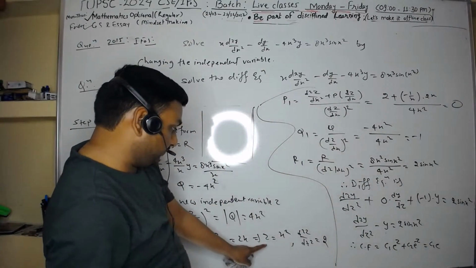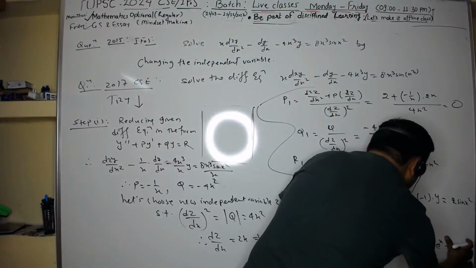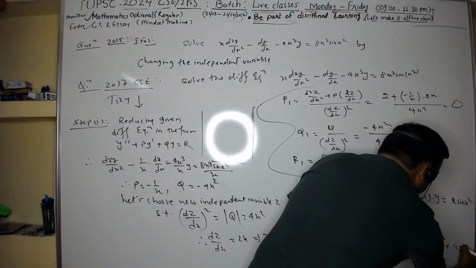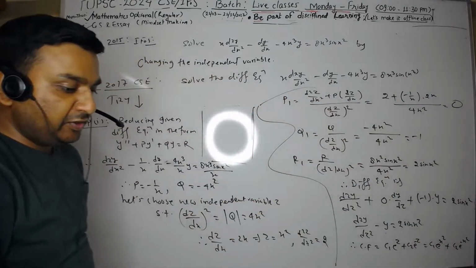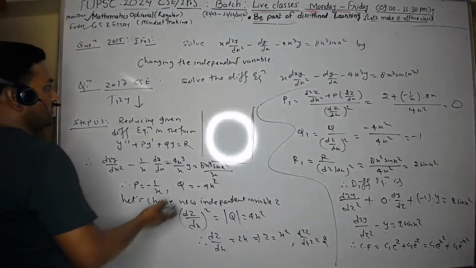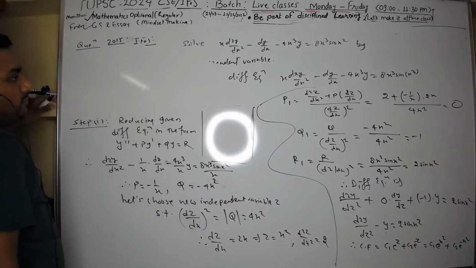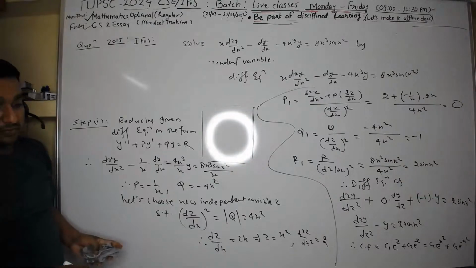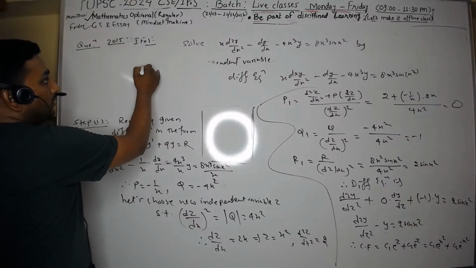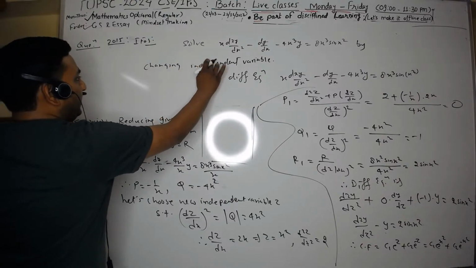Z क्या मिला था? X square. Please find PI of that. अच्छा, आपने लिखा नहीं था क्या? नोट भी कर लेंगे इसको.